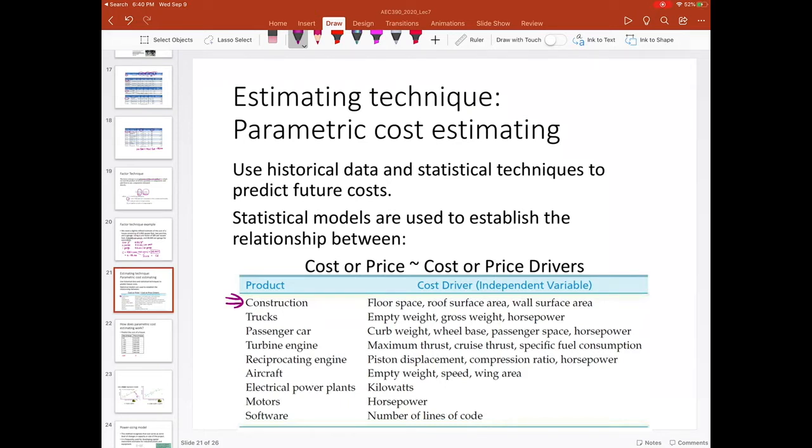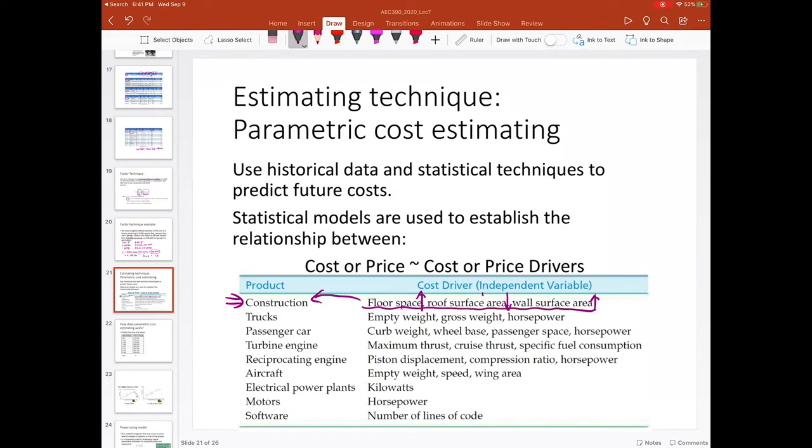Those are the variables deciding the size, the dimension of the house, of the project, right? So based on experience, we know that if these factors change, up or down, then the construction cost will change accordingly. So we call these variables the cost drivers, right?